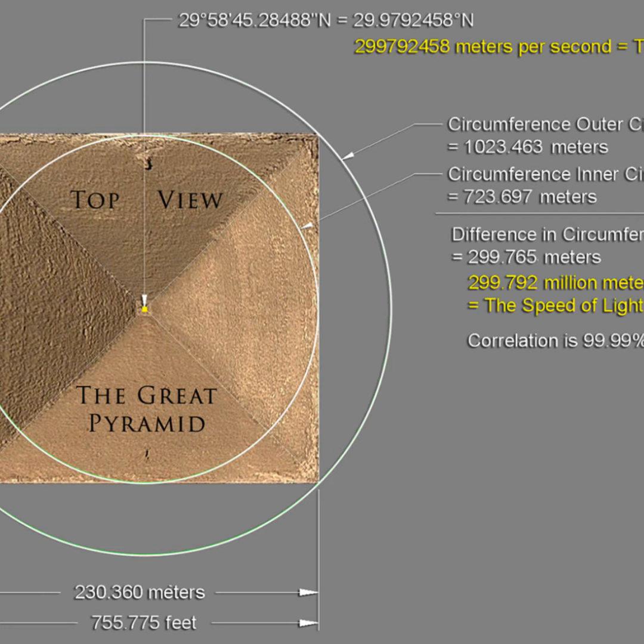If you cut those into straight lines, they work out to be 299.765. And the actual number for the speed of light is 299.792 million meters per second. So it's a 99.99% accurate match.